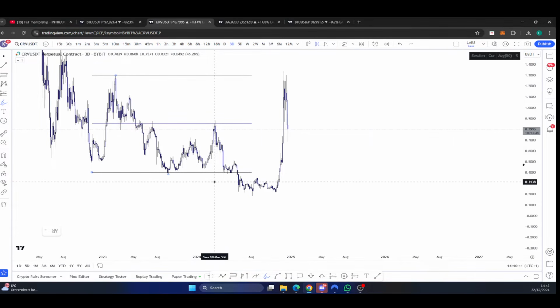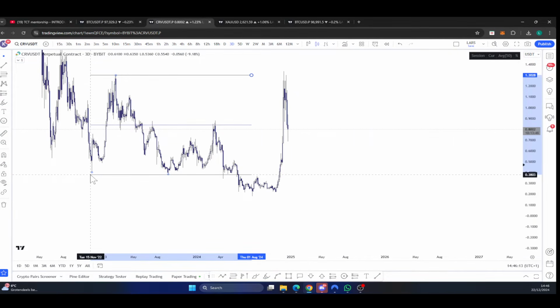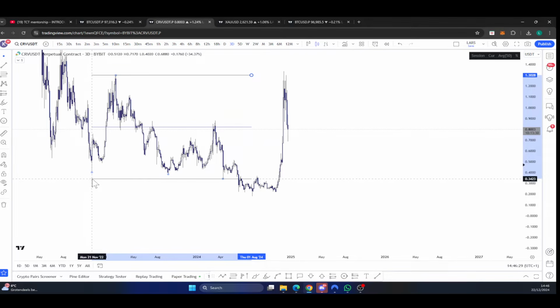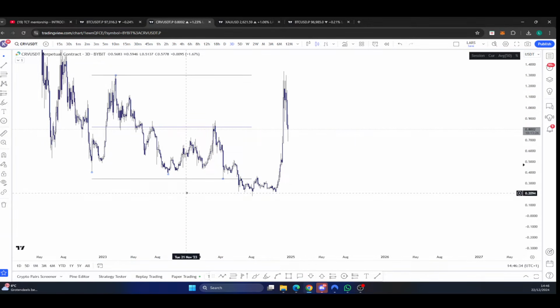Now, from there, we extend that range low to the deviation low, and we see yet again another deviation, indicating a potential Model 1 accumulation. Now, we never broke high time frame structure back to bullish, never really confirming the accumulation, and then we ended up breaking down.